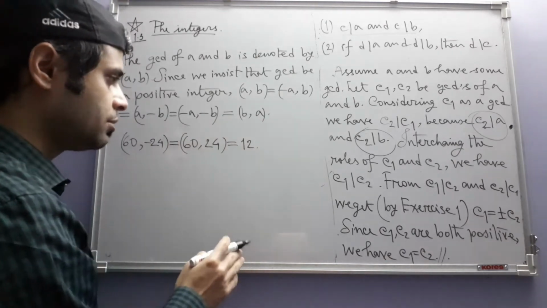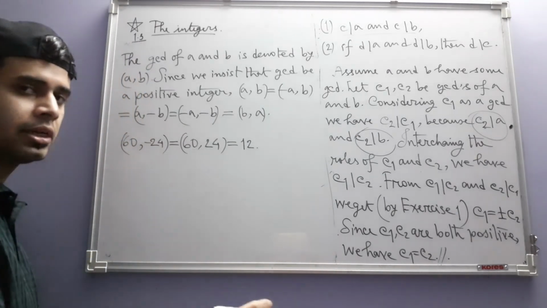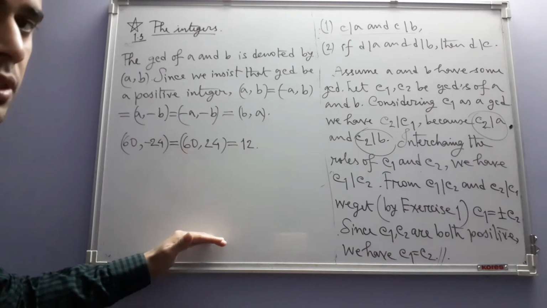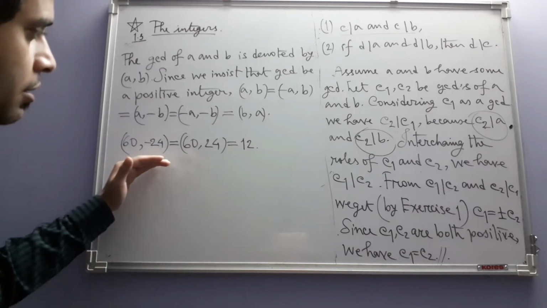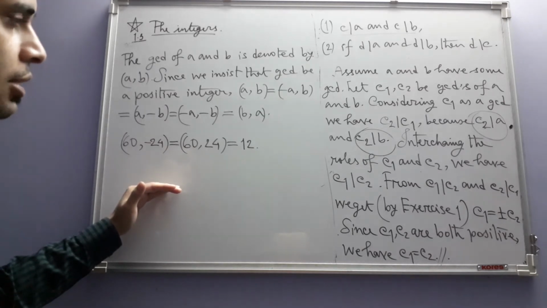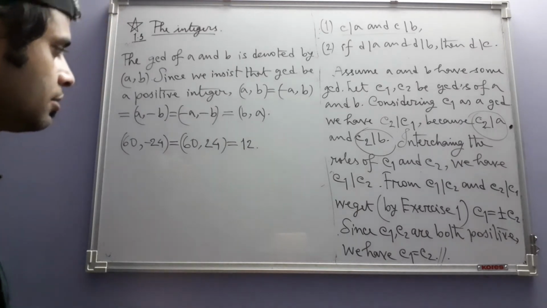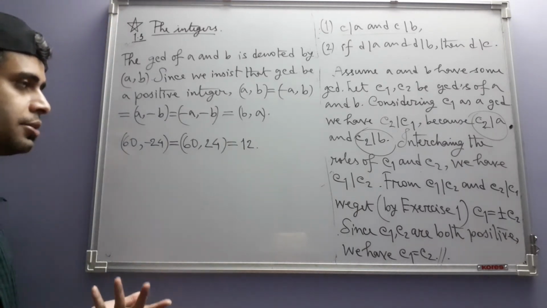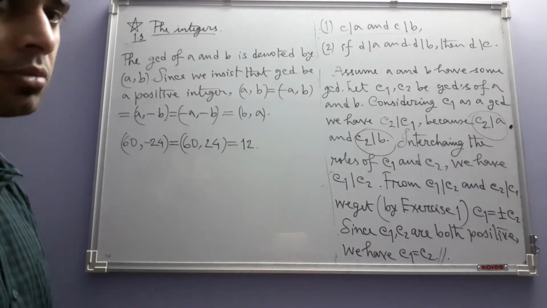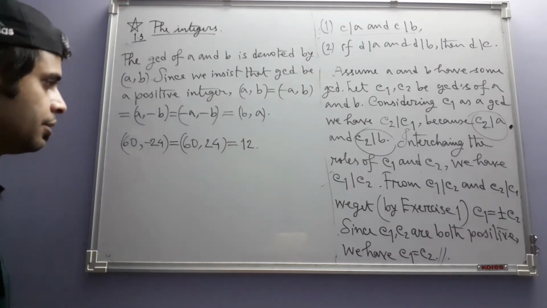We will eventually come across a sort of algorithm using the Euclidean algorithm that will help us find the GCD of any two given integers in a very, what to say, you can write a computer program based on that algorithm. Its nature is like that. It can be fed into a machine in the form of a program and then it can be run and that will give you the result.